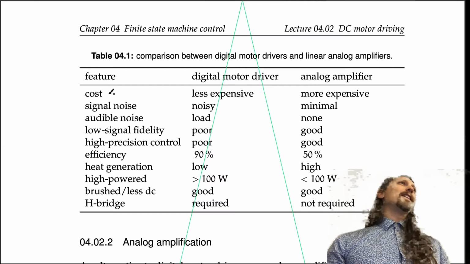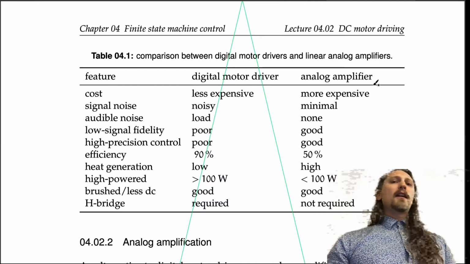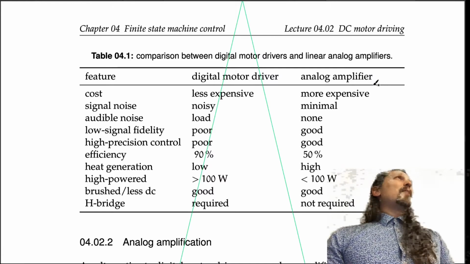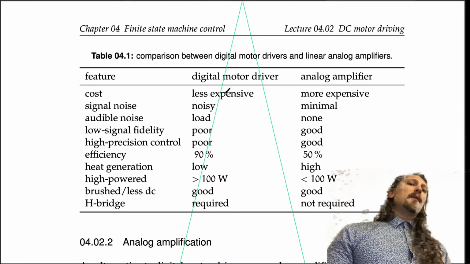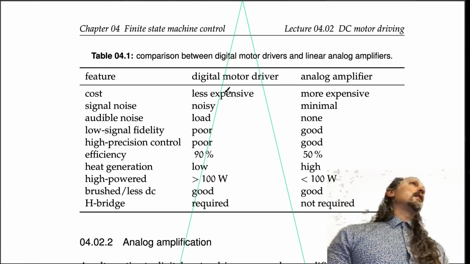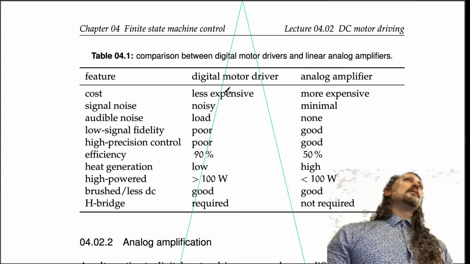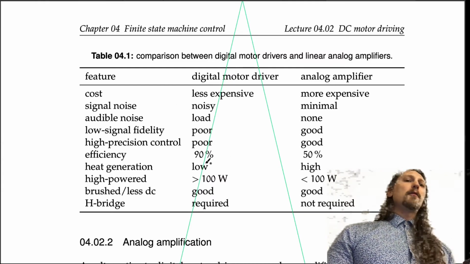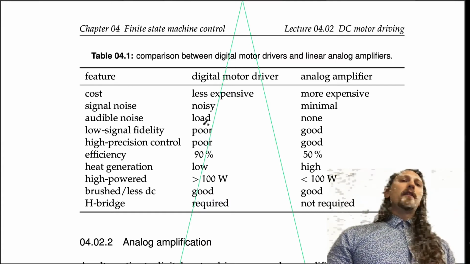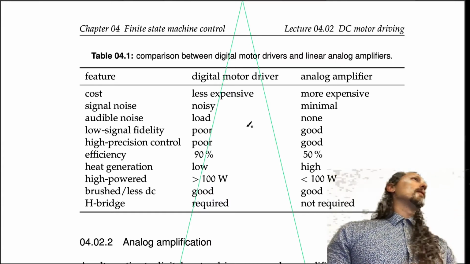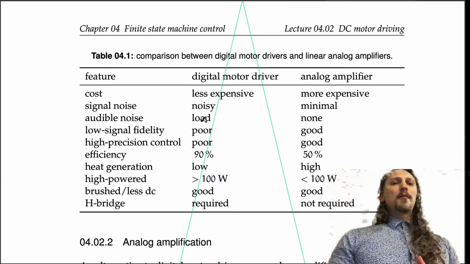Digital motor driver is less expensive than the analog amplifier, often significantly so, which pretty much means that if you can get away with a digital motor driver, that's the way to go. If you can get away with the performance, then you want it because it's cheaper. So the economy of it comes into play here.